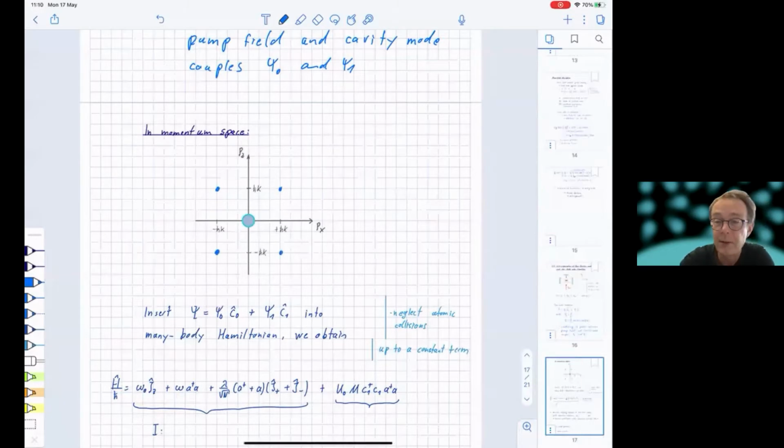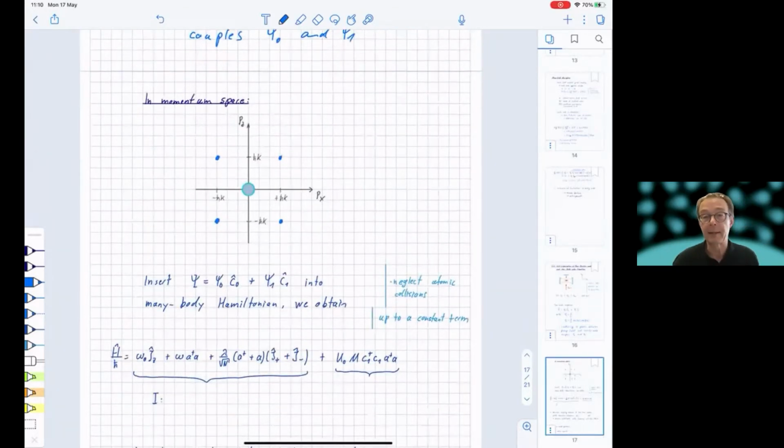And now you can also imagine that that will give a density pattern. So you have the momentum zero state, and then on top you have this psi1 state, and that gives a density pattern. And in real space, you will see that you actually do Bragg scattering of this refractive index pattern.